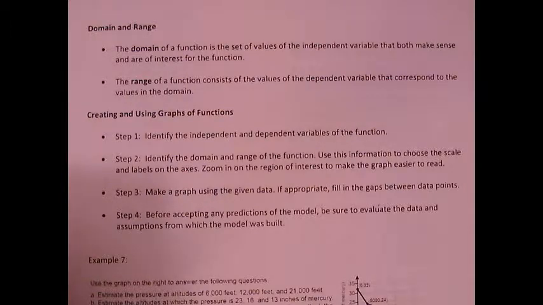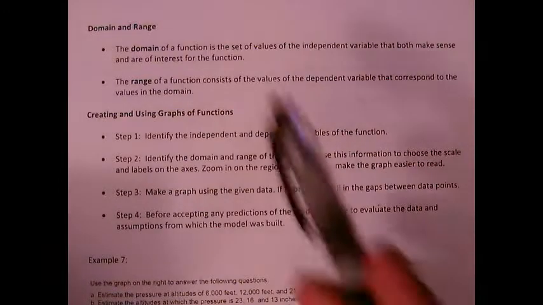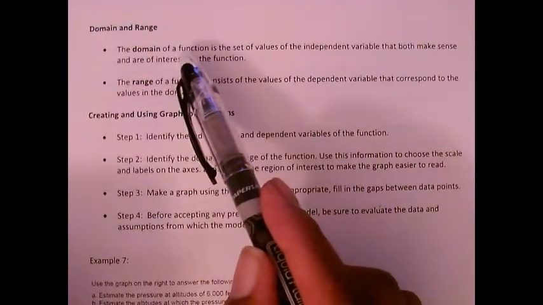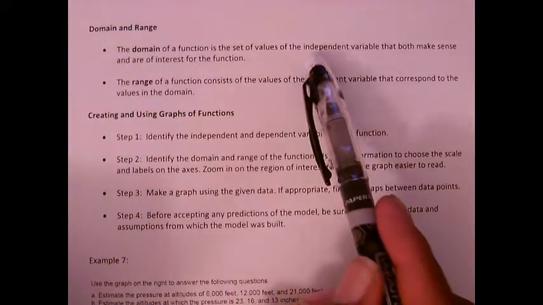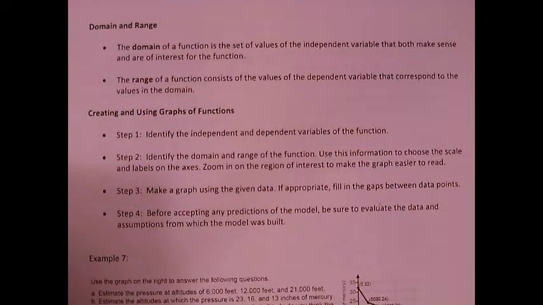And then the range of a function consists of the values of the dependent variable that correspond to the values of the function. In other words, if you had a set of ordered pairs, your domain is going to be all of your x values here. And then the range will be the set of all y values.